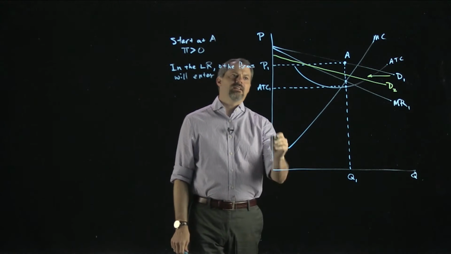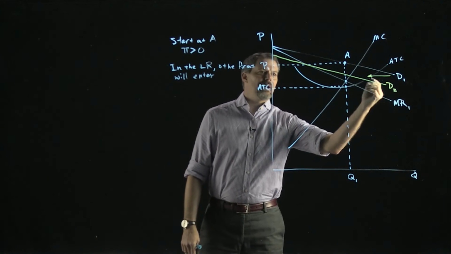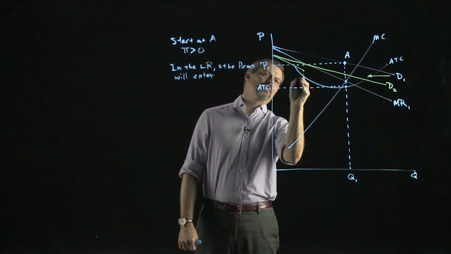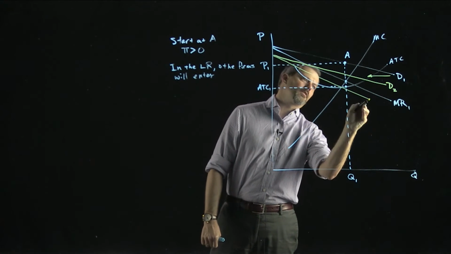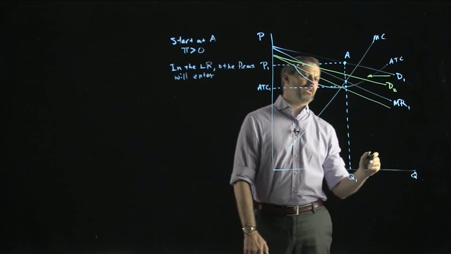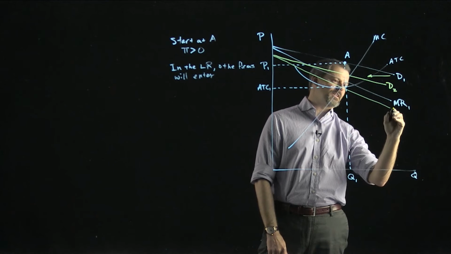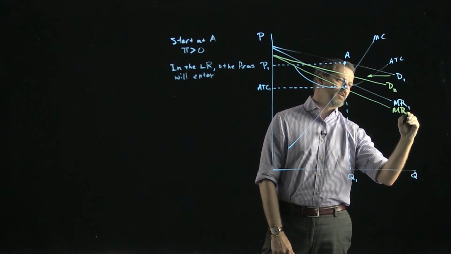Now, when that residual demand curve shifts to the left, the marginal revenue curve goes with it, and so let's suppose our marginal revenue curve ends up being right in here. That's kind of a very inconvenient place for it to have intersected, but we'll go with it.